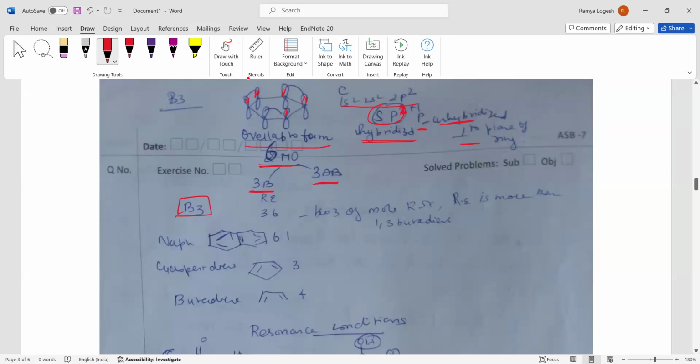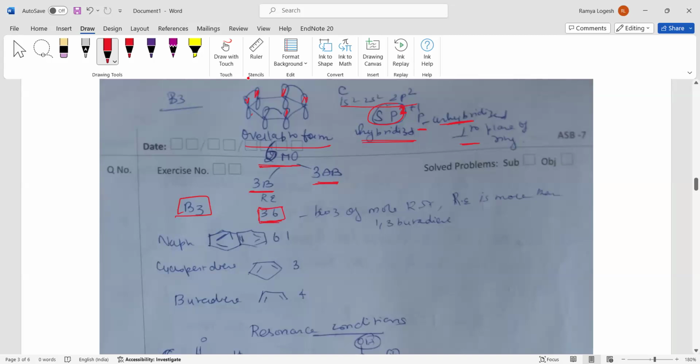This is what leads to the resonance energy of benzene. So what gives the resonance energy for benzene? It is the formation of molecular orbitals, 3 bonding and 3 anti-bonding, and these p orbitals are perpendicular to the plane of the ring. So now if you look at this, 36 is its resonance energy, okay?